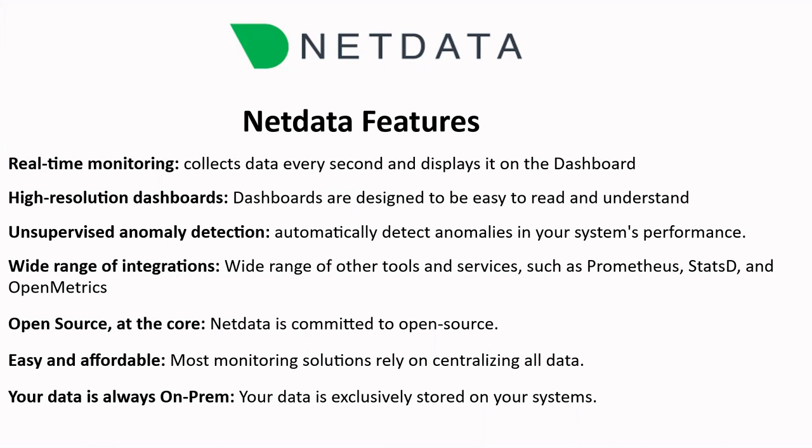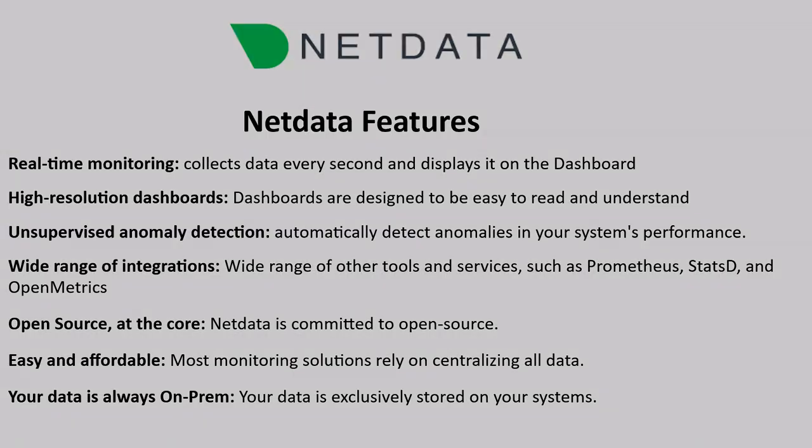The next feature is a wide range of integrations. Netdata supports many tools that we can integrate with it, and we can monitor observability, like tracing logs and metrics of all the tools using Netdata. Tools like Prometheus, StatsD, OpenMetrics.